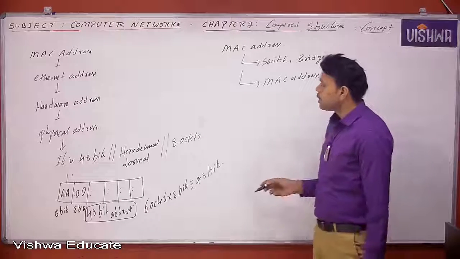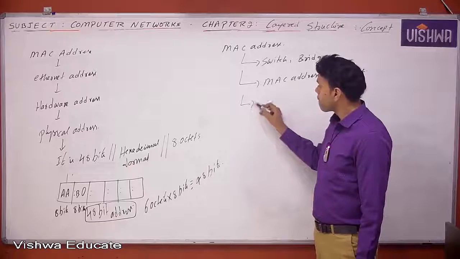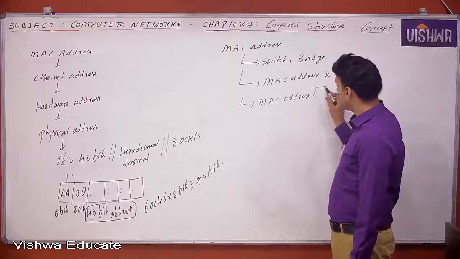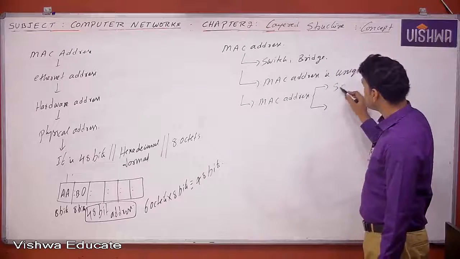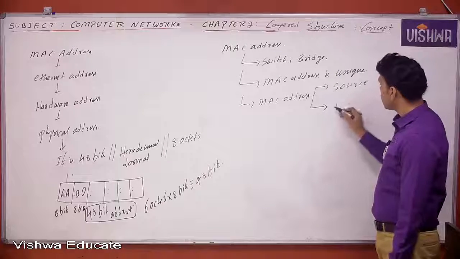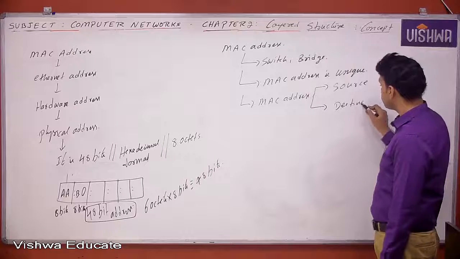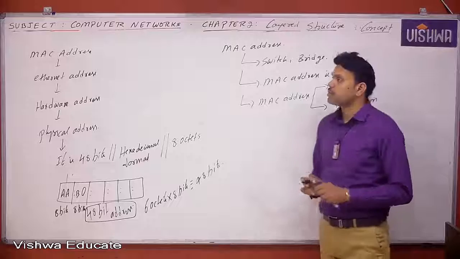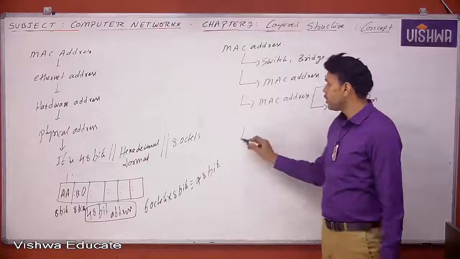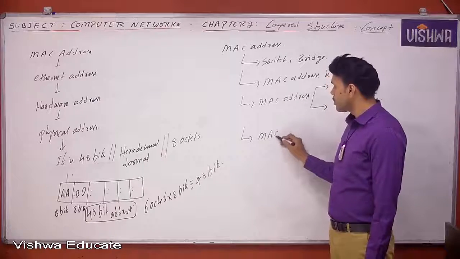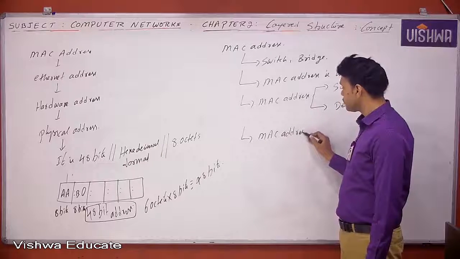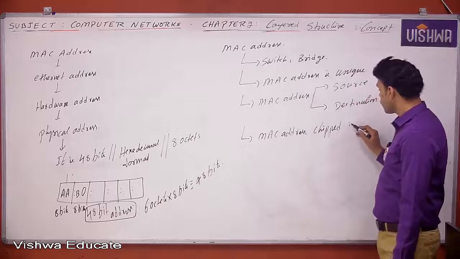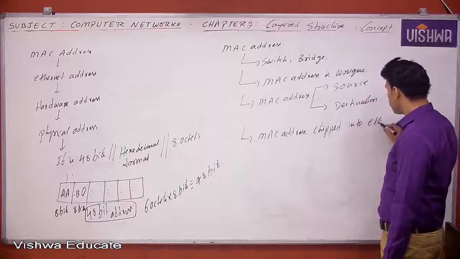And the next point is, the MAC address is for the source and the MAC address is also for the destination. This is how it is about the MAC address, and this address is chipped into Ethernet.